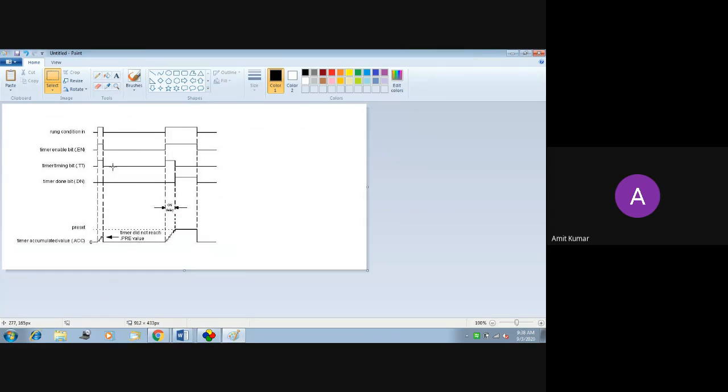The other part of the figure will remain the same. Now here it will not start from 0. That is the difference. It will start from 3 only. So wherever you have left the operation, it will start from there.